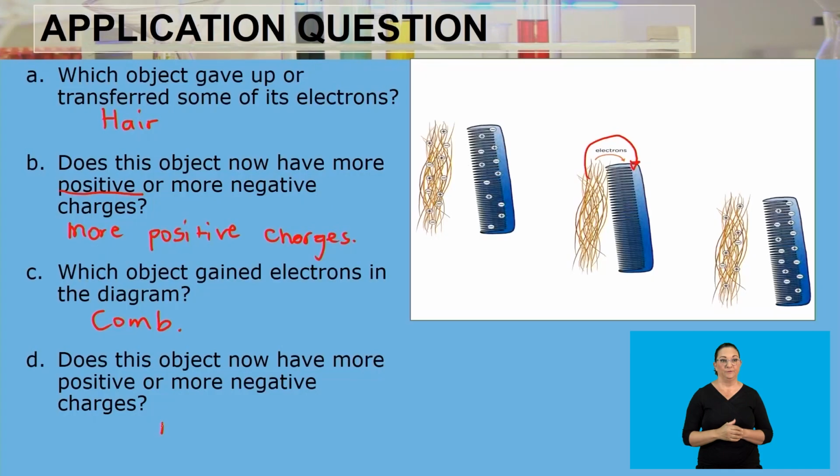Since it gained the electrons, it now has more negative charges, and the one that transferred the electrons will remain with more positive charges. So the comb will have more negative charges.